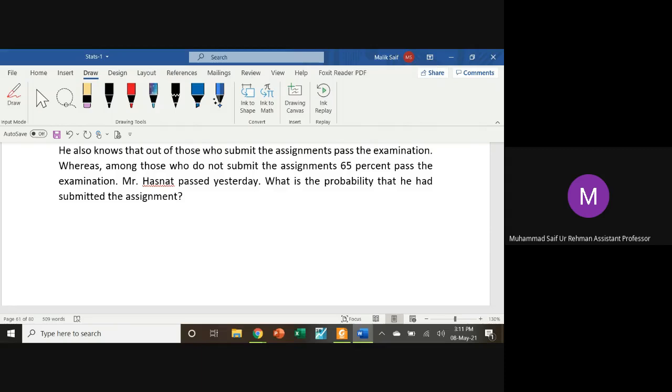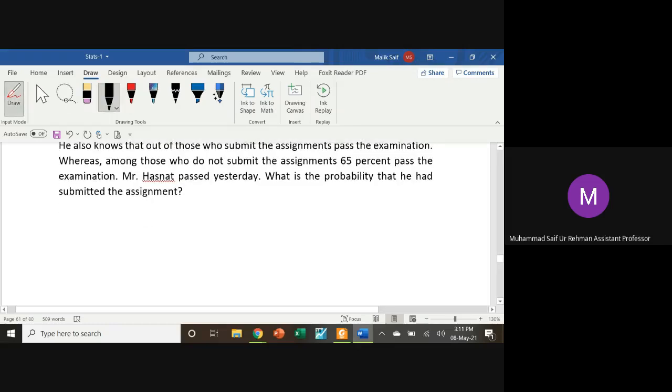Let SUB be the event that students submit the assignment. You may write that down first, though I'm simply using it.